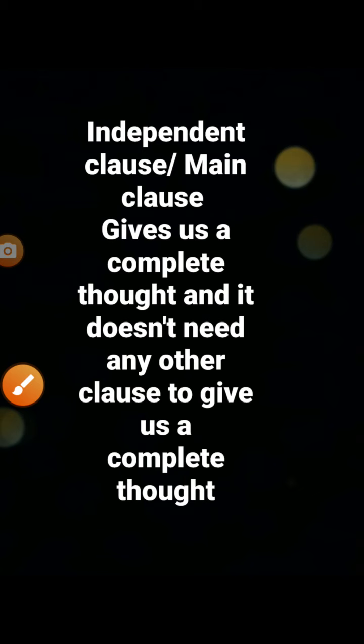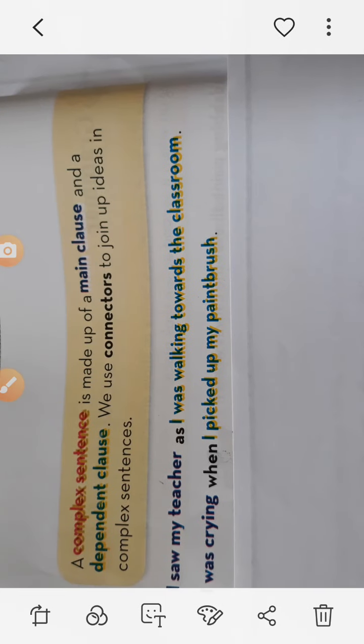Whereas the independent clause, also known as a main clause, gives us a complete thought and doesn't need any other clause to give us a complete thought. For example, here, "I saw my teacher." This part of the sentence is giving me a complete sense, a complete thought, and a complete idea.